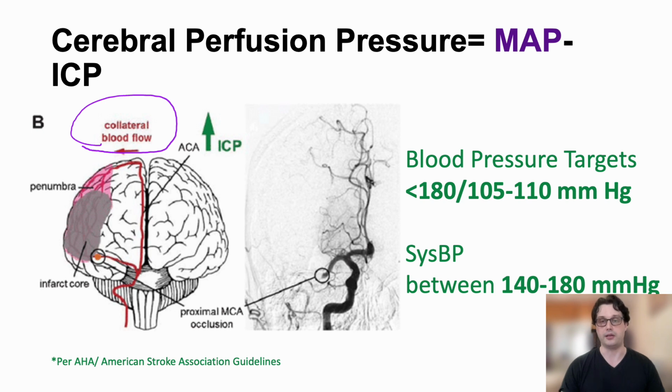So then therefore, it is important to keep the mean arterial pressure high. So we do allow for permissive hypertension. So in this case, the blood pressure target is less than 180 over 105 to 110 diastolic millimeters mercury. And the systolic blood pressure should be kept between 140 to 180 millimeters mercury.